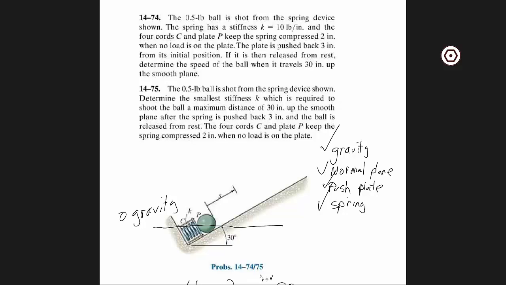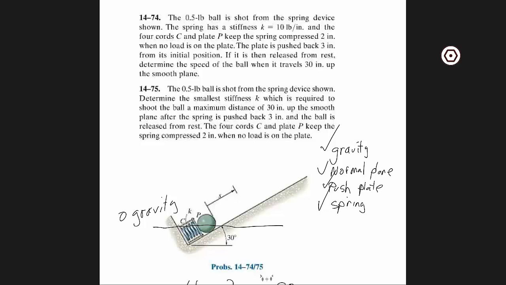5. He squished 5. He started out this long. I pulled him back 2 and put the strings on him. Then I pulled him back 3 and let him go. So he's squished 5. Right? So I should put in a -5, right? Shouldn't put a +5, right?